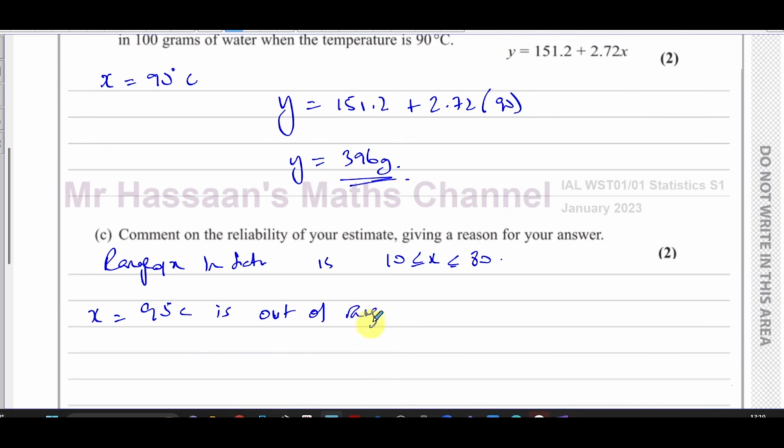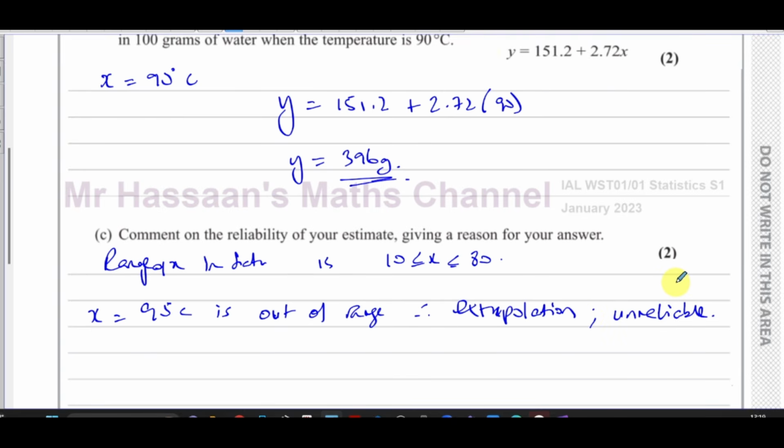Therefore it would be called extrapolation. Extrapolation means you're using data outside of the range to make estimates. So it's going to be unreliable as it's outside of the range of our data.